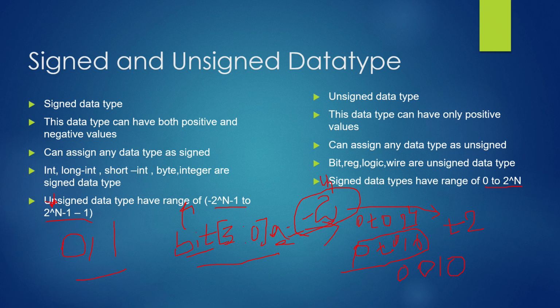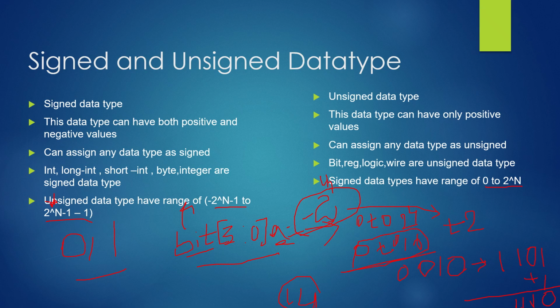Before going to 2's complement, we need to do the 1's complement first. What is the 1's complement of +2? It is 1 1 0 1, and we need to add another one for the 2's complement, which gives 1 1 1 0. The value will be 14. And 14 is in the range of 0 to 16.